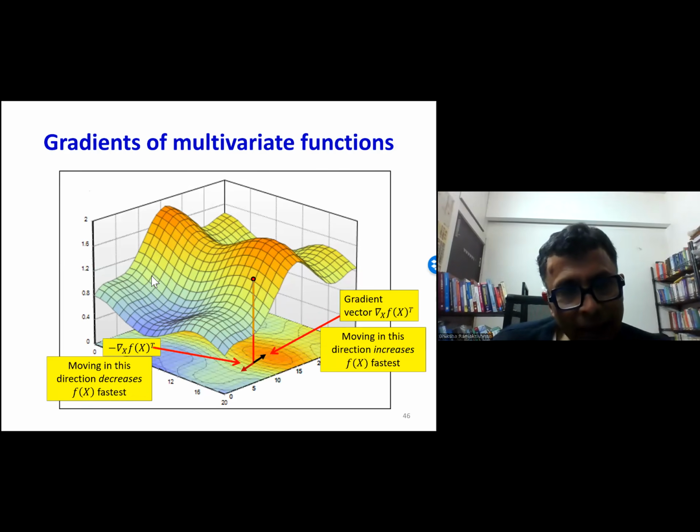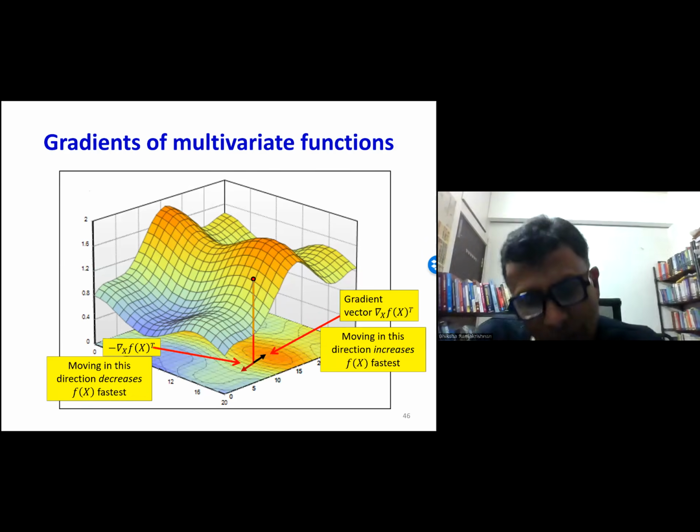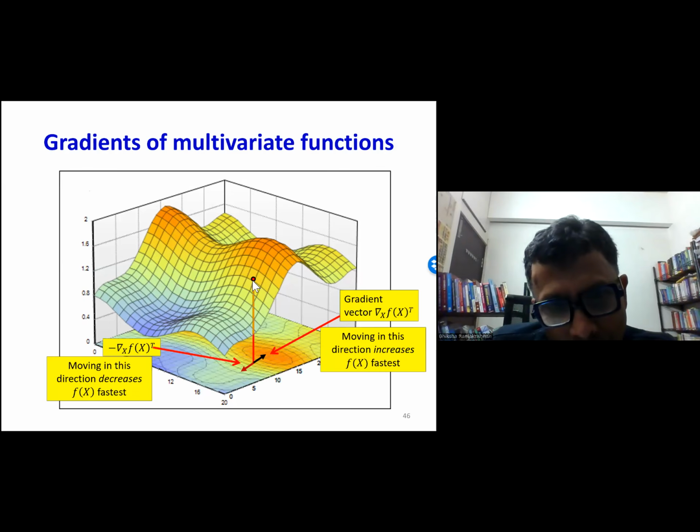So anyway, here's where we are, right? We know that for any function at any point, the gradient is the direction of steepest increase. So if you're at some point and you want to update that point to get to a place where the function is more likely to be smaller, in which direction would you want to move the point?